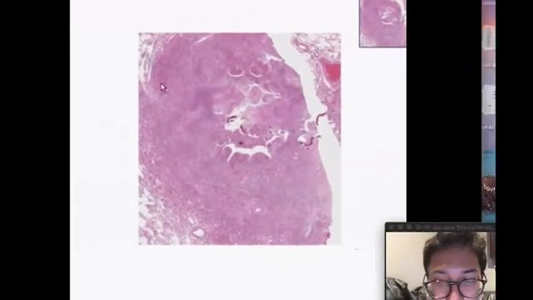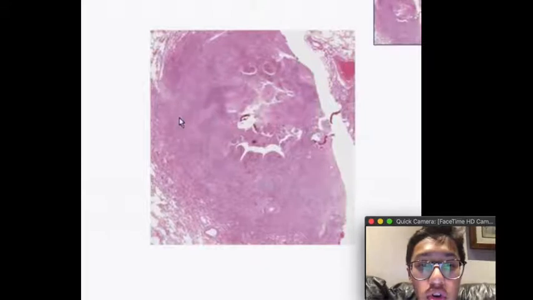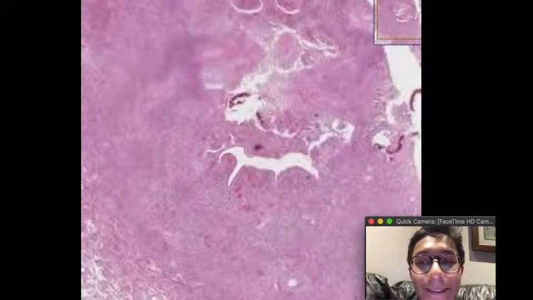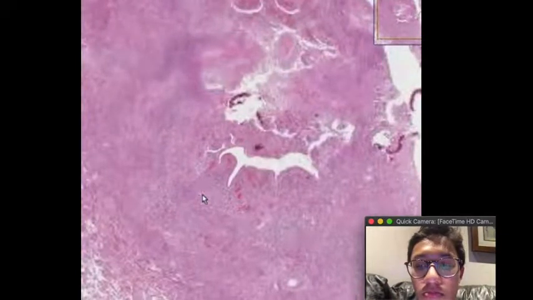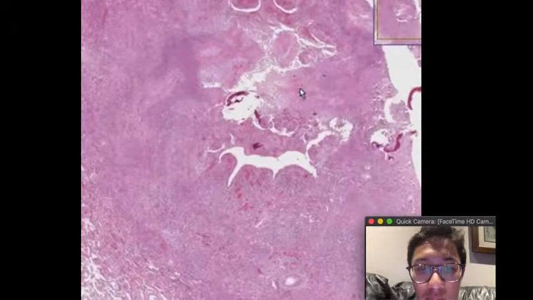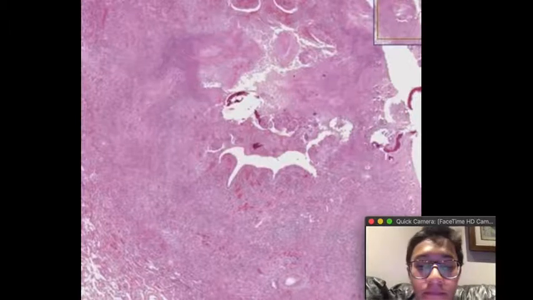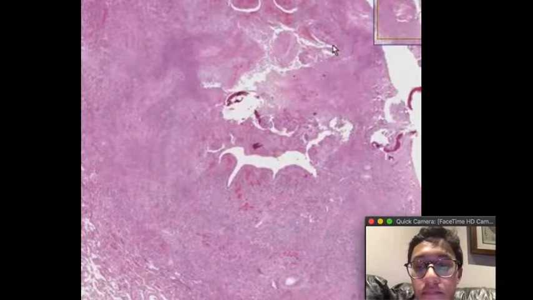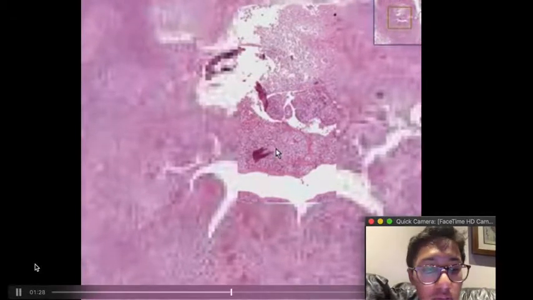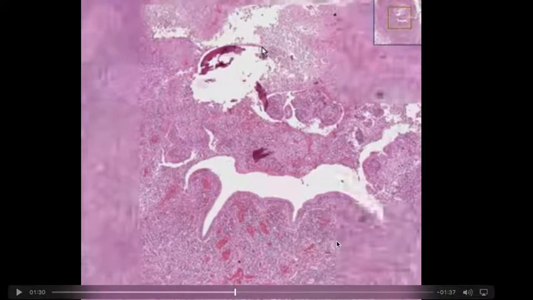Here is some normal lung out at the periphery, and here is the inflamed area. Let's look at it a little bit higher. You can see that a large portion of the granuloma is necrotic, even from this power, and that you really could not make out the outlines of the cells too well. And all you see are remnants of inflammation.